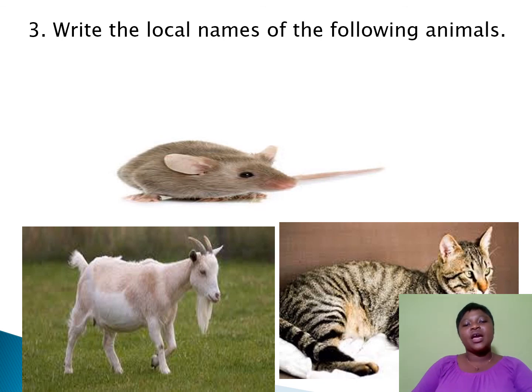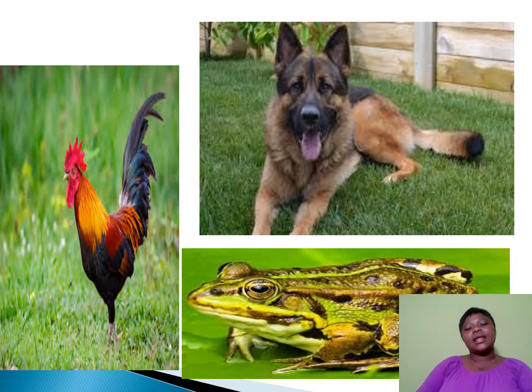So we have here a mouse, a goat, a cat. So you write the local name for mouse, goat, and cat. And then you write the local name for cock, a dog, and a frog. Okay? So this is what we have for today's evaluation.